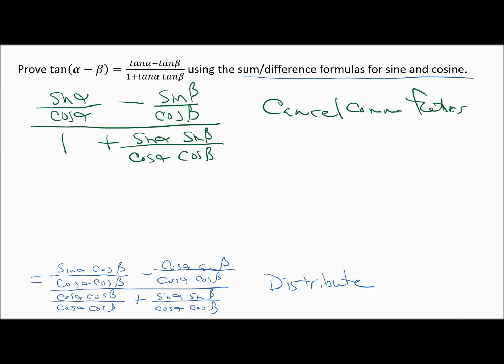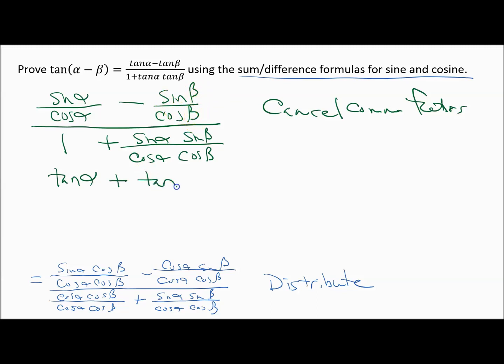Now, sine of alpha over cosine of alpha. Notice you're using the same angle as your argument, which means that's just tangent of alpha. So we have tangent of alpha plus, similar thing here, they're both beta, and so I have sine of beta over cosine of beta.